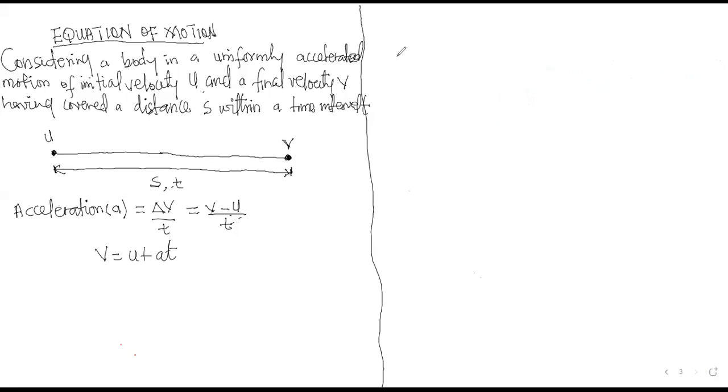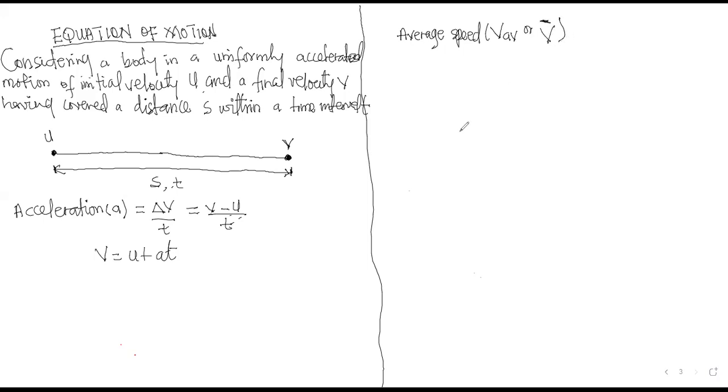Now, for the second equation, we must consider average speed, which is the effective speed or velocity. Here we are representing average speed by v subscript av. Other books also use v bar.